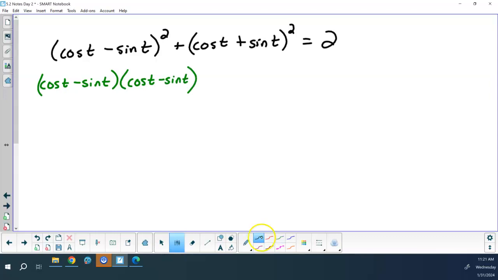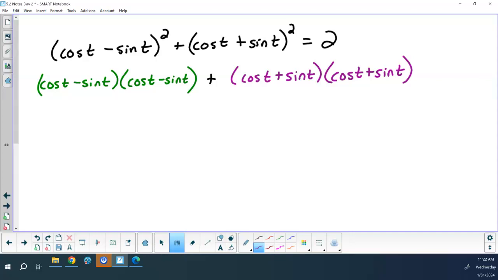Then you've got cosine of t plus sine of t, cosine of t plus sine of t. No, because it's squared, so they have to be the same, not conjugates here in this case. Yep.